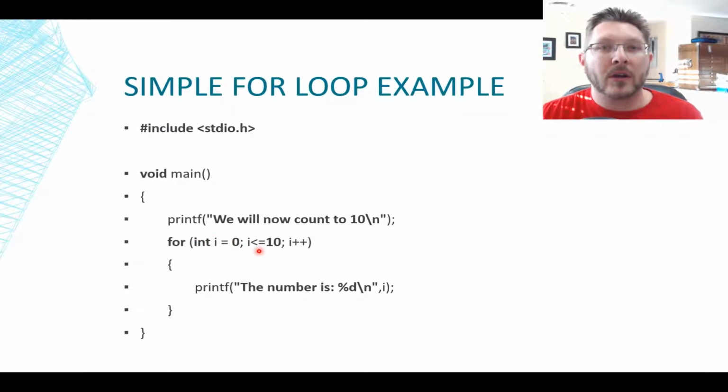Now we're going to move on to the decision it's going to make, which is kind of almost like an if-then. We're going to say, as long as i is less than or equal to 10, and I chose 10 because I wanted it to count to 10. This is the decision. Then we do i++. That's a quick and dirty way of adding 1 to i, and you can use that anywhere.